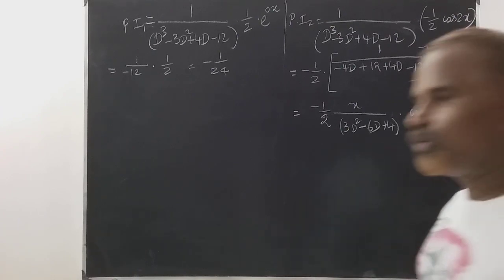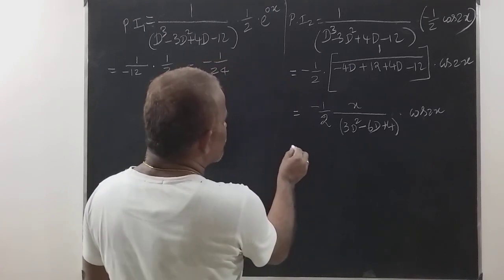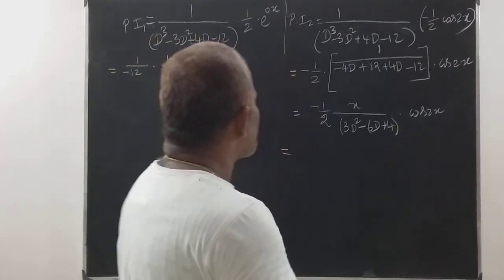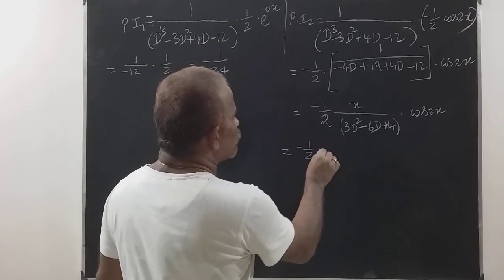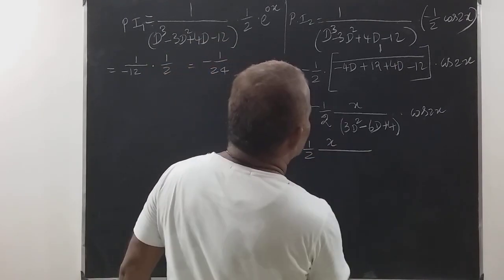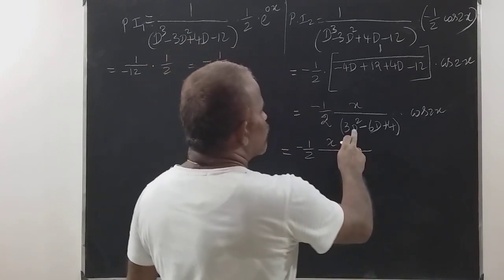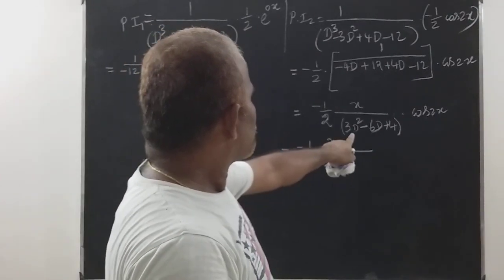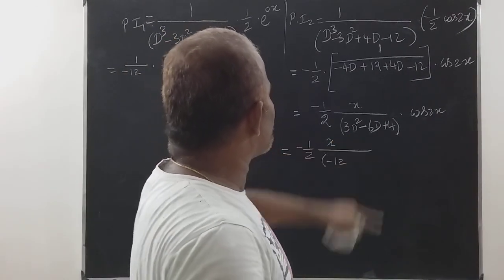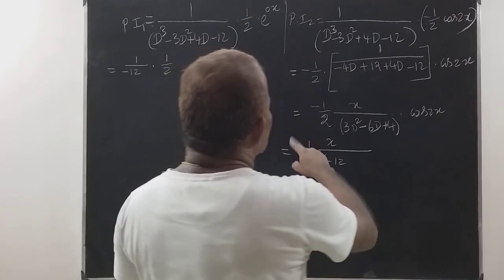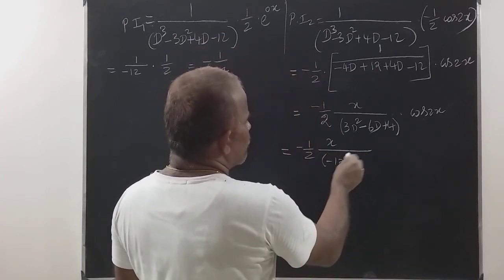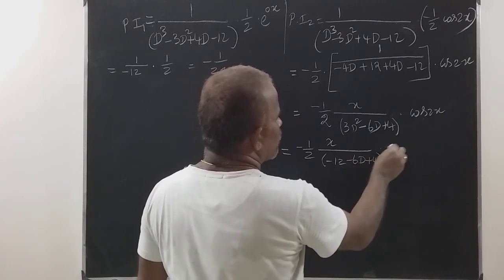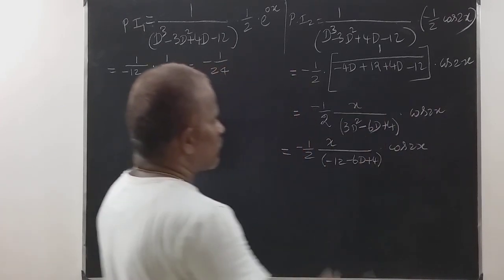Again I can write D squared is again minus 4. So therefore minus 1 by 2 into x divided by, minus 12, because minus 4 and minus 12, then minus 6D plus 4, into cos 2x.